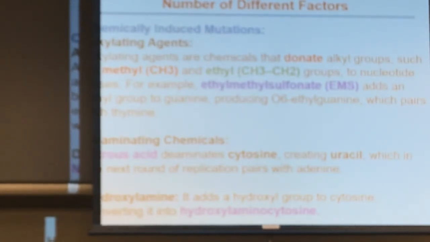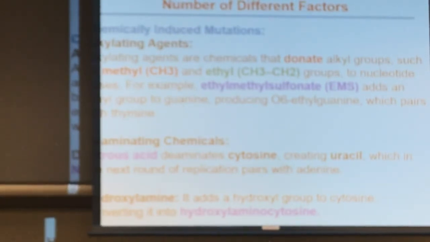Once you add a methyl or ethyl group to the nucleotide bases, they now have a different structure, but the DNA polymerase can accidentally add these to the growing strand of DNA. So alkylating agents are chemicals that modify the nucleotides and cause these modified nucleotides to be incorporated into the DNA with the help of DNA polymerases.